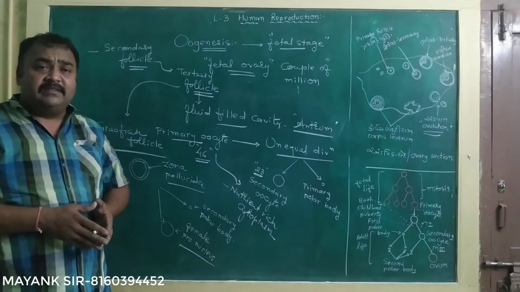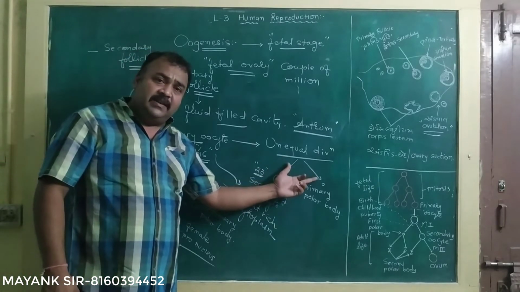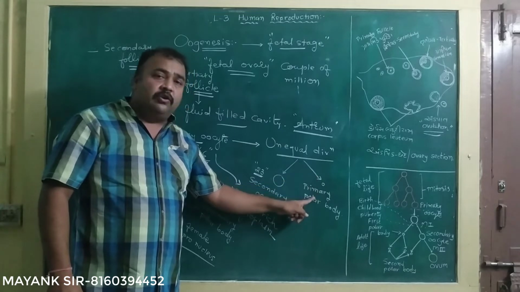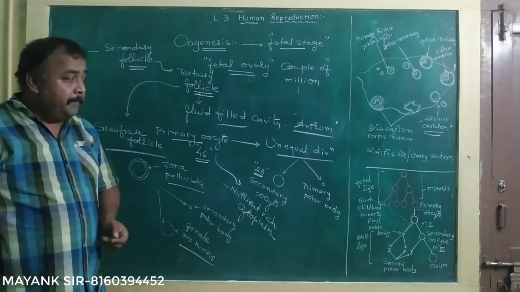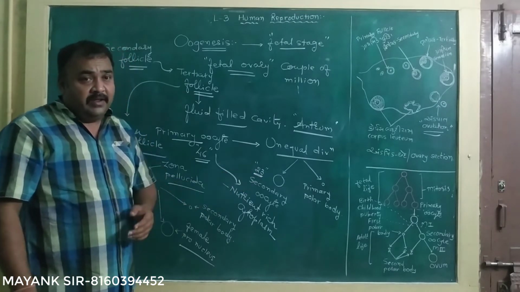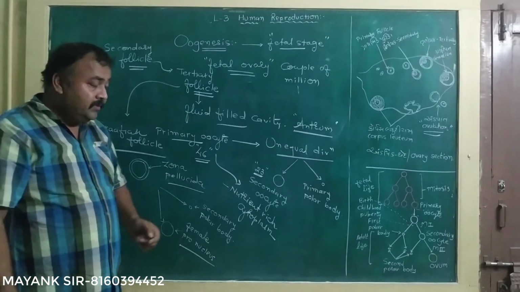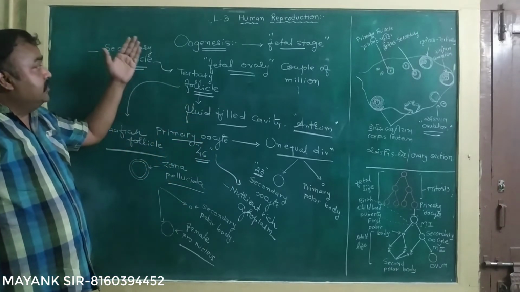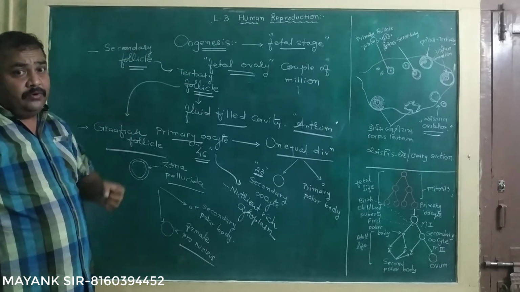But this division is an unequal division, so two unequal sized cells are produced. The smaller one is called the primary polar body, and the larger one is called the secondary oocyte. The number of chromosomes in the secondary oocyte will be 23 in place of 46. Again, remember friends, the secondary follicle is converted into the tertiary follicle as I told you earlier.